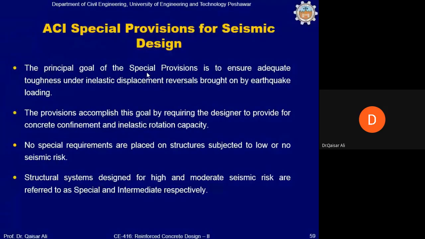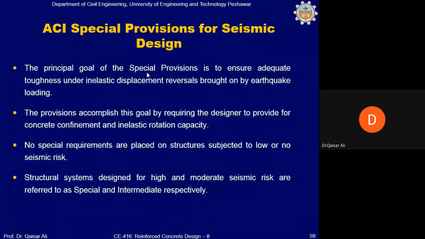No special requirements are placed on structures subjected to low or no seismic risk. Structural systems designed for high and moderate seismic risk are referred to as special and intermediate, respectively. Now, if you remember, while we were calculating base shear, we came across a factor called the R factor.